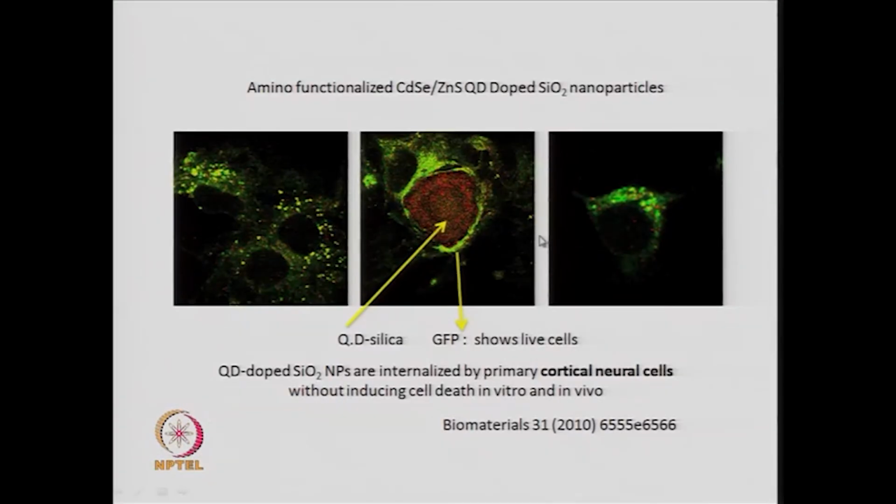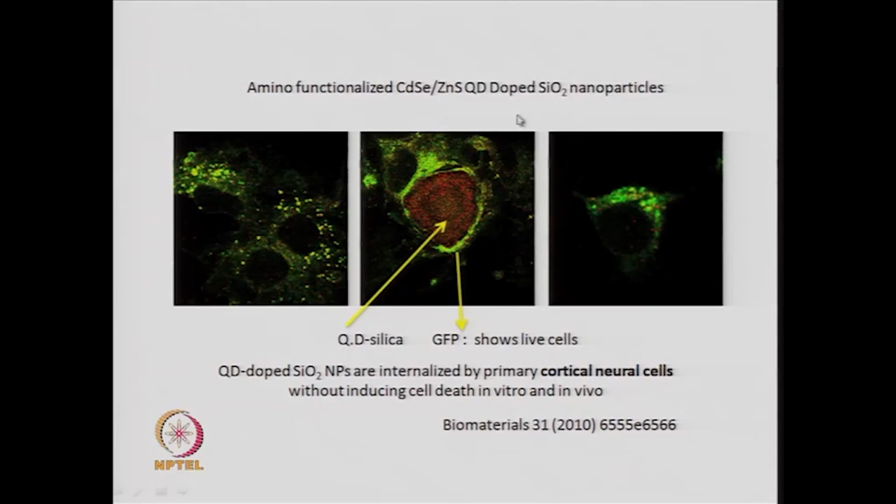Now, this is another example of core shell nanostructures, where the core is made of cadmium selenide zinc sulphide quantum dots. So, this mixture of cadmium selenide zinc sulphide quantum dots, very small particles, act as the core, and you have silica nanoparticles on top.